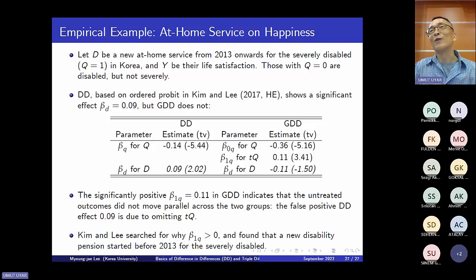Otherwise, that's impossible. A similar problem occurs in Korea, if you retire at age 65 or something, many benefits happen at the same time. People try to separate those effects, and that's impossible. You need some group not taking all those treatments at the same time.